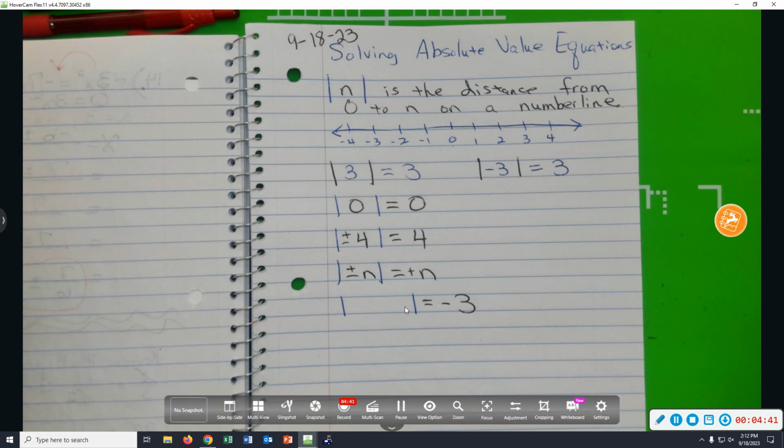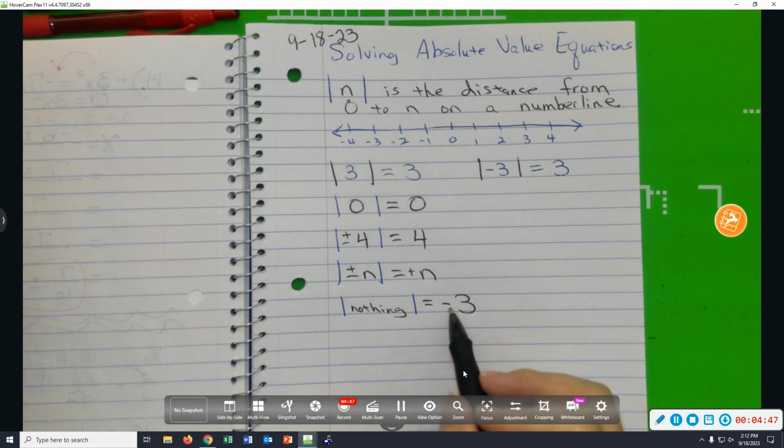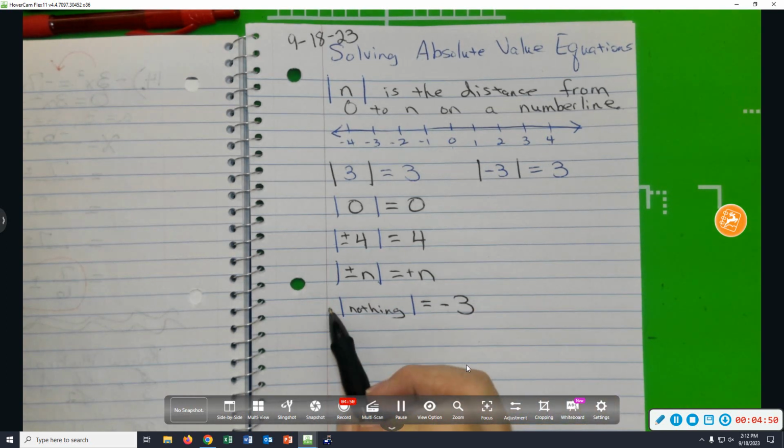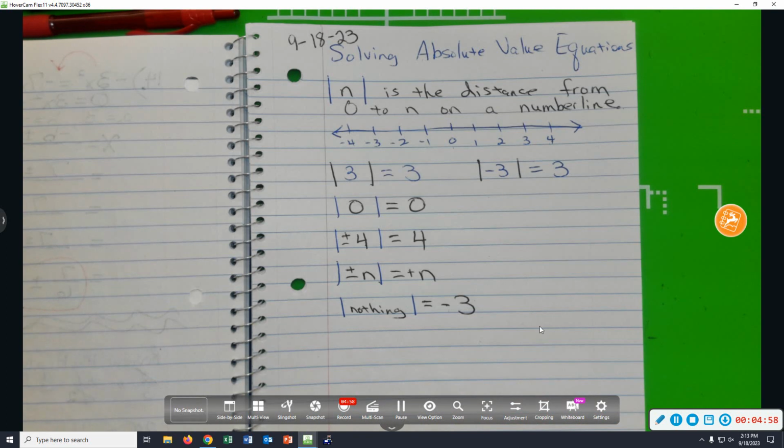Is that going to happen? No. If I wanted a -3 there, I'd have to have the negative stuck in front of the absolute value. I'd have to have a negative there and then just carry it over.